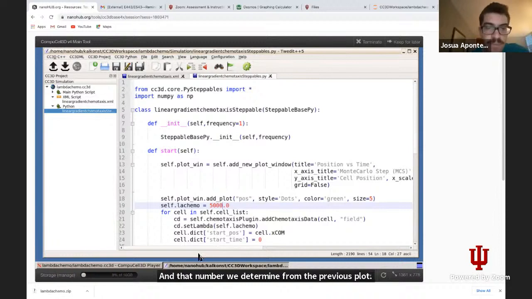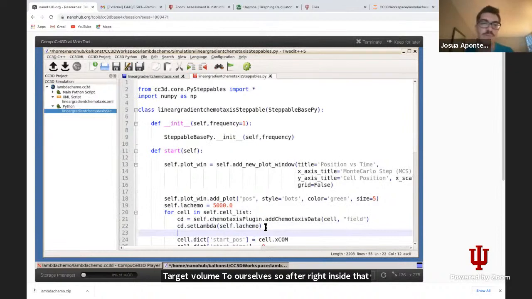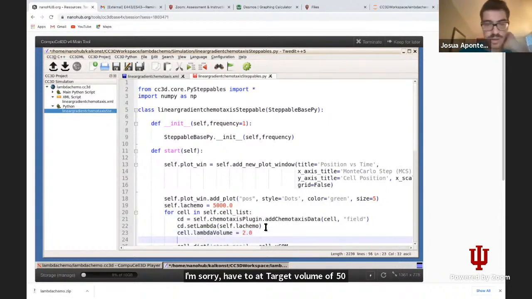Now we have to assign an initial lambda and target volume to the cell. So inside that loop, assign a lambda volume of 2, and a target volume of 50.